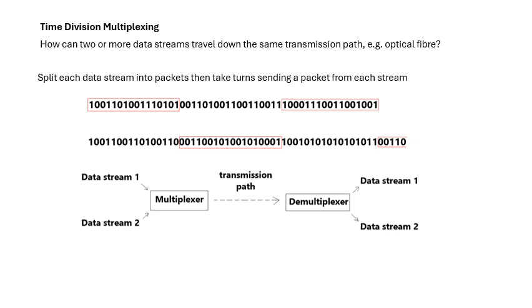Within each packet, just as on the internet, there will be additional data identifying things like what stream it belongs to, and information to get it synchronized with the other data streams. So this is time division multiplexing. It's basically taking turns: send a packet from that stream, then a packet from that stream, then a packet from that stream.